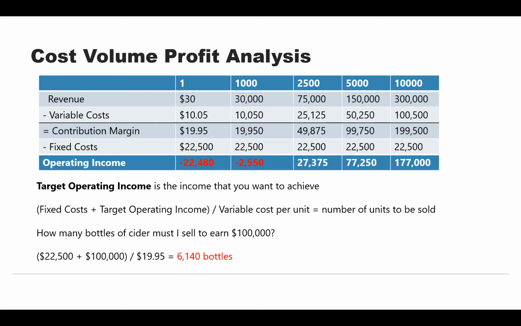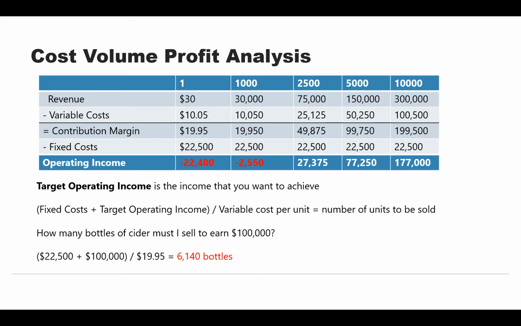You might look at that number and see I'd have to sell 20,000 bottles, and you're not really confident that you can sell 20,000 bottles at an event like this. Or it might be I have to sell like 10 bottles, and you're like, oh yeah, that would be no problem. So it gives you a sense of what level of volume you need to sell in order to hit your target income.